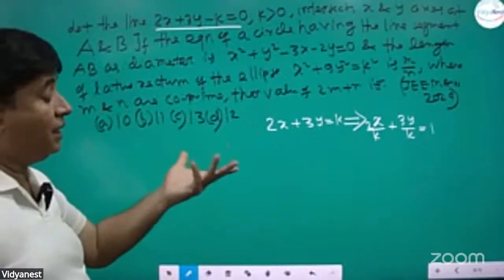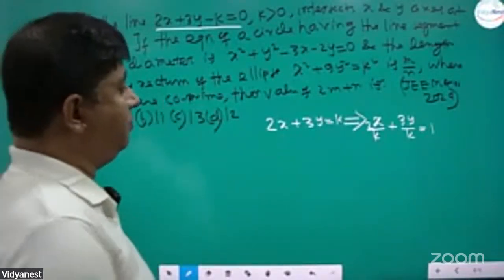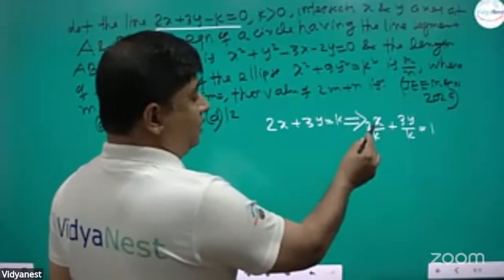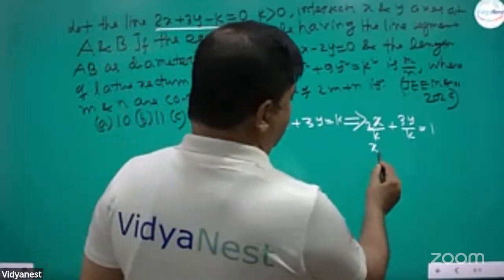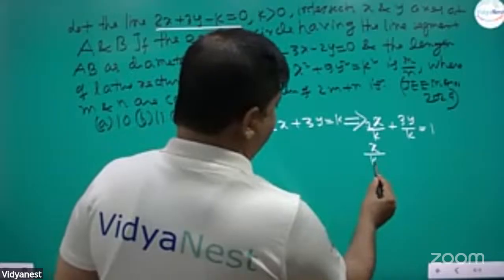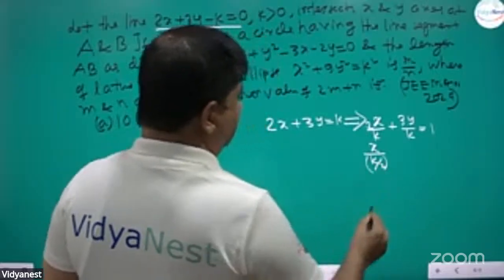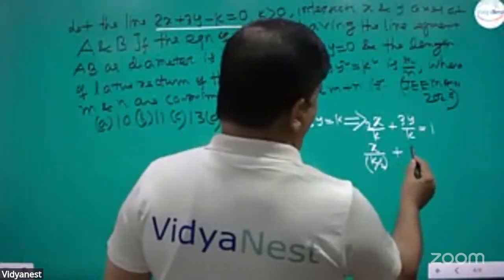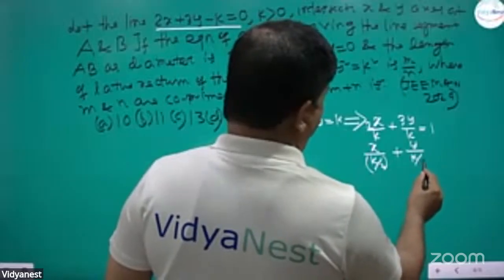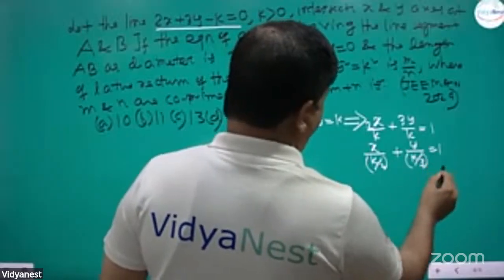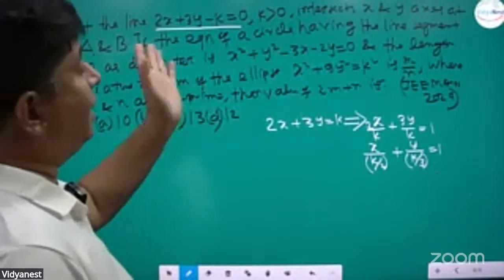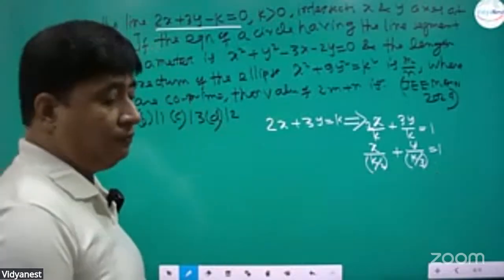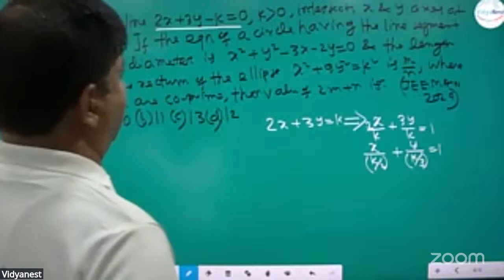But you can say this is not the intercept form. Still, we have 2 as the coefficient of x. So x by k by 2 plus y by k by 3. What is the activity of this line?